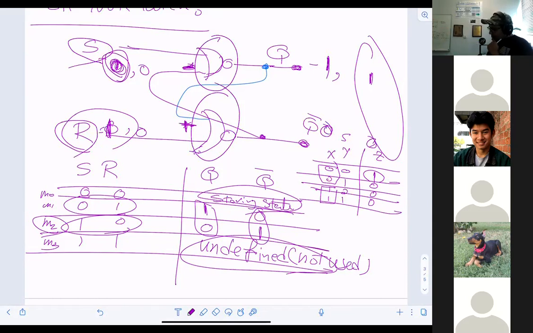Then I said I'm gonna make S and R now 0 and 0, because 1 and 1 will be undefined, right? What will happen? It'll stay in the last state. It's still gonna be like this forever until your battery is off. So I stored whatever you gave me.